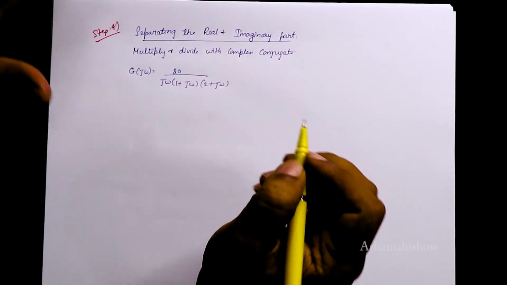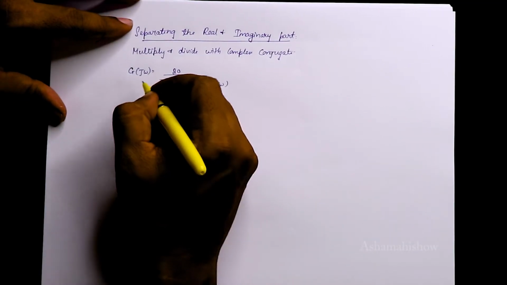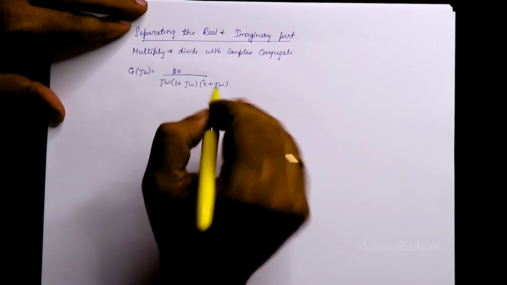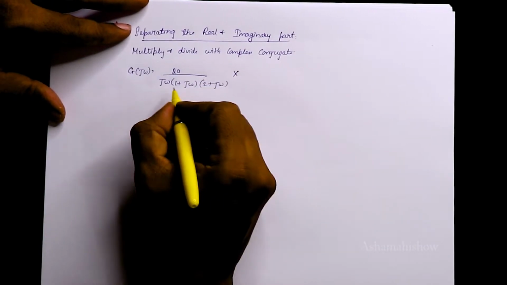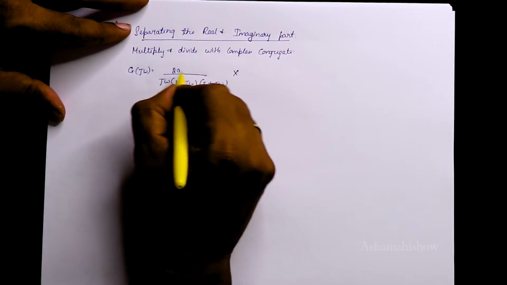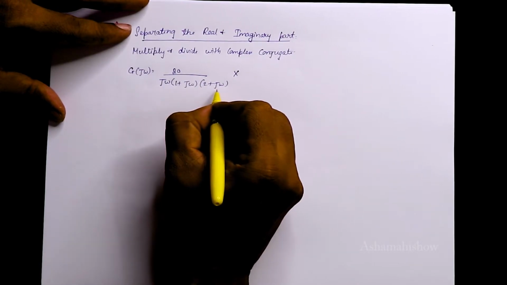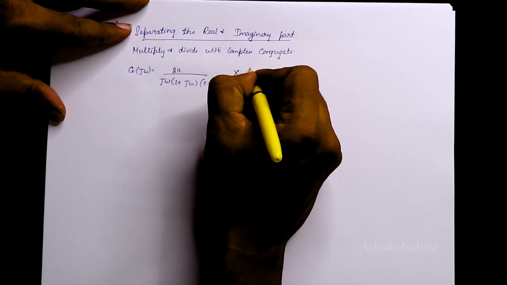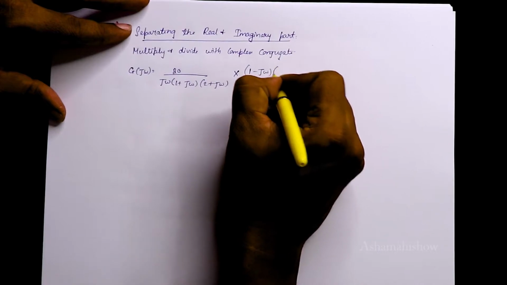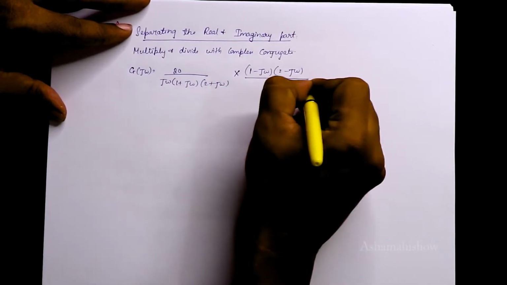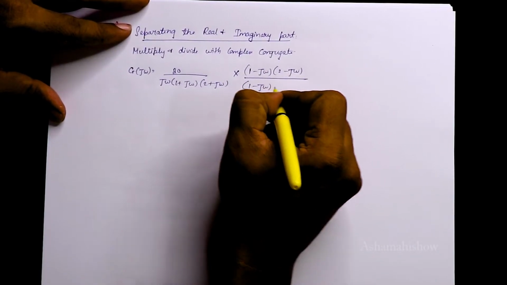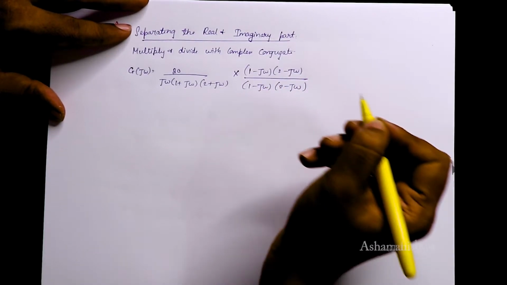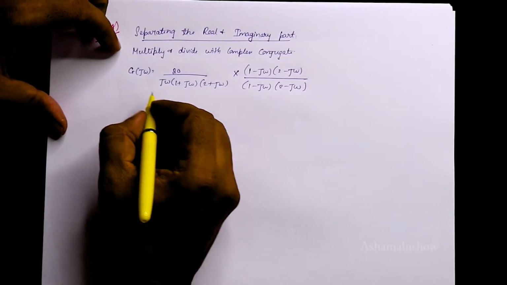This is the transfer function we got when we kept j omega in terms of s. Complex conjugate means of the denominator: 1 plus j omega into 2 plus j omega, the complex conjugate becomes 1 minus j omega into 2 minus j omega. So you need to multiply and divide with this. Now solve it. It's simple.